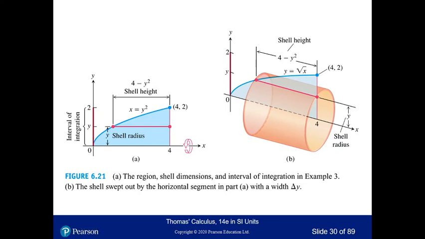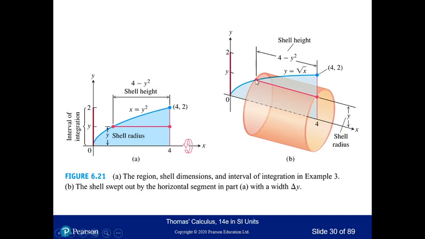So I stop at 4, right? This is the total height, but I have to subtract this much height from it. This much height is y squared, since x equals y squared.